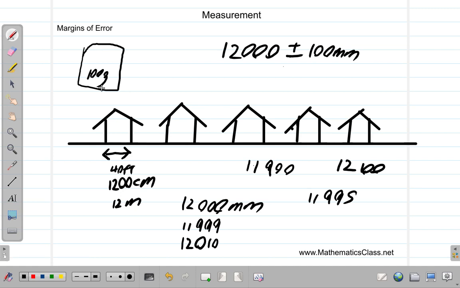But they're saying that it must not be less. You must not have a bag of potato chips that is less than 95 grams if it is labeled 100 grams.